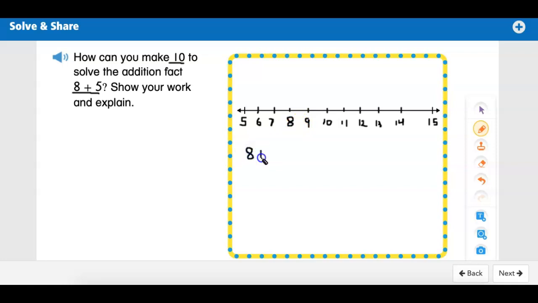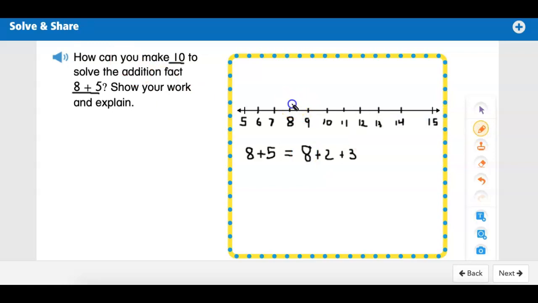So 8 plus 5 is the same as saying 8 plus 2 plus 3. Because 2 plus 3 is equal to 5. So these are the same problems. They just look a little bit different.